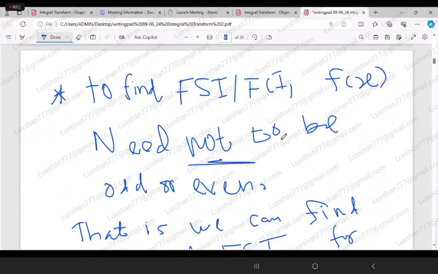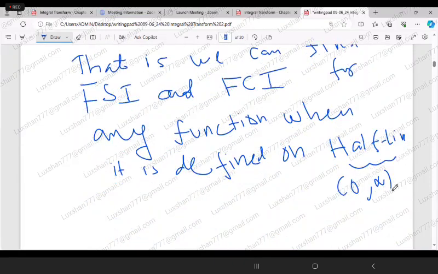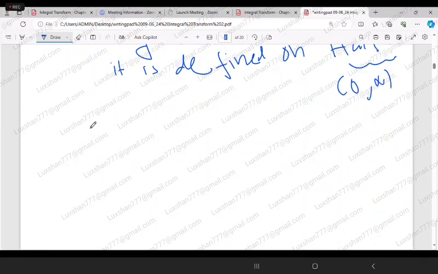But we can define the Fourier sine integral and cosine integral for any function when the domain of the function is 0 to infinity. Everything is the same. So how are we defining it?